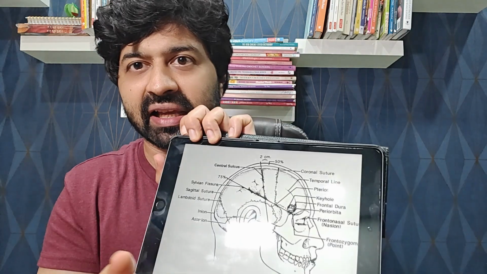Then take the horizontal aspect of the zygoma and on its upper edge mark the midpoint. Now draw a line from the midpoint of the zygoma to 50% plus 2 centimeter. So it looks something like this.